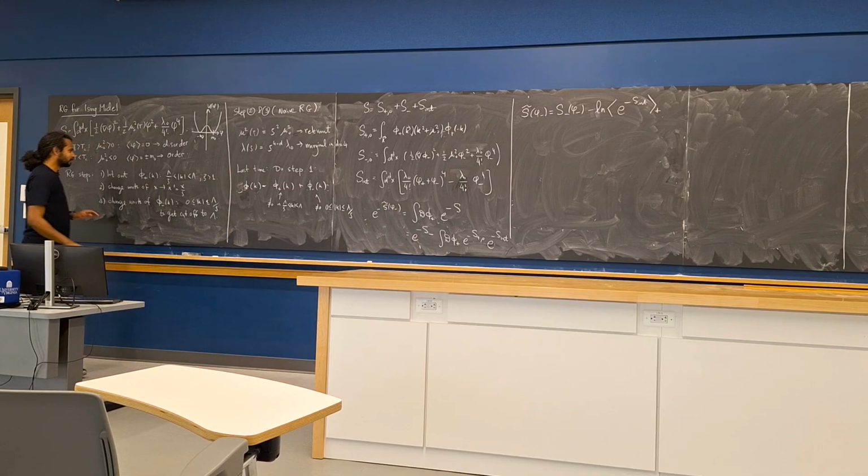Well, this is another recollection from the past. The steps of RG. There are three steps. One, the main and important step is to integrate out high momentum. Initially it was just one minimum at phi equal to 0, right? And we're saying it's disordered.